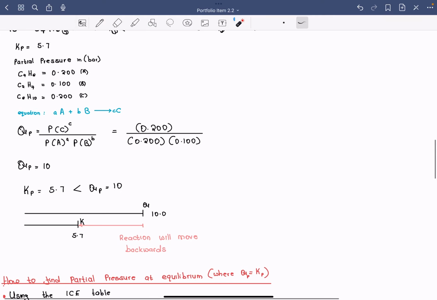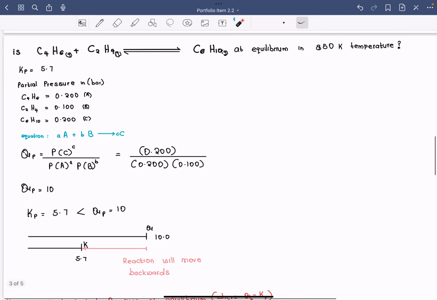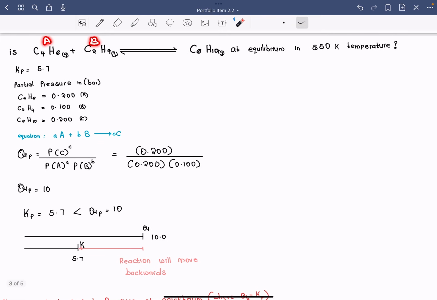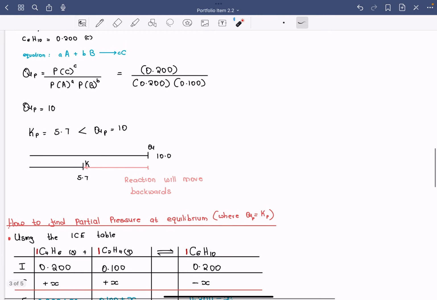PC is the partial pressure of C6H10, and that's going to be 0.200, and the coefficient is 1. This is our A, that's our B, and that's our C. The C4H6 is 0.200 times 0.100, and all the coefficients are 1. So we get our Q to be 10.